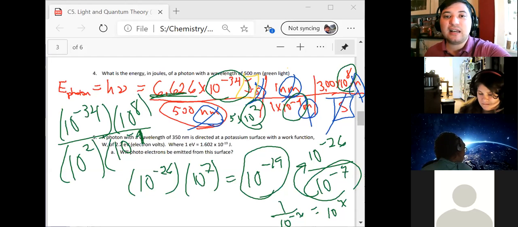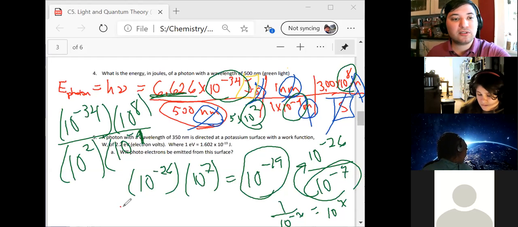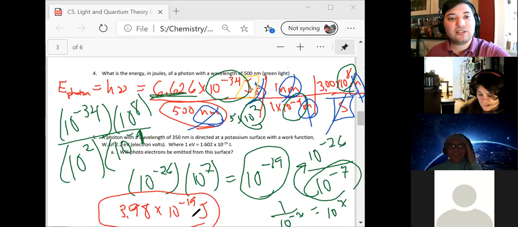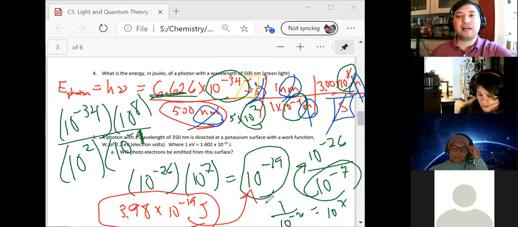So in this case, I think your answer of 3.98 times 10 to the negative 19 joules looks really good because your power matches what we expect just by looking at the powers without paying any attention to the numbers. Does that make sense? Any questions?